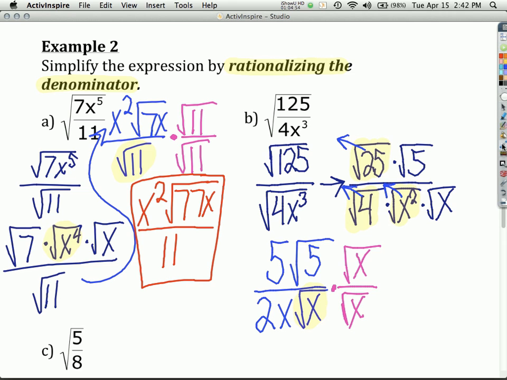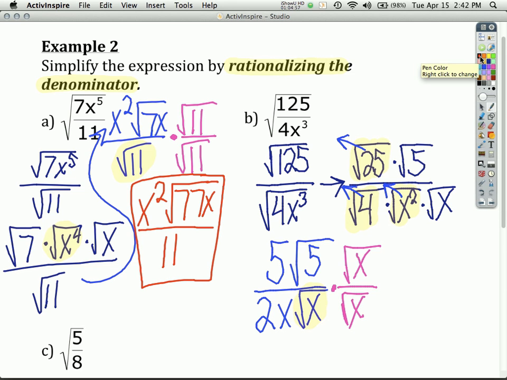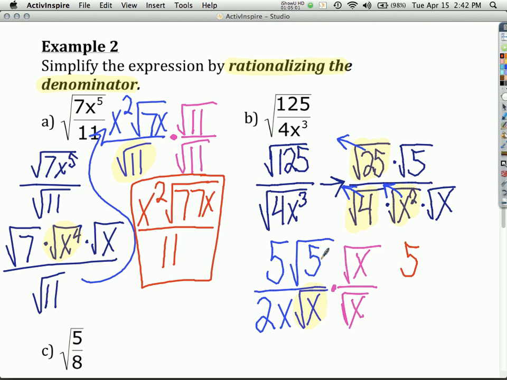Work this way. 5 is going to stay. Radical 5 and radical x will be radical 5x. Now I'm going to have a radical x times a radical x. What will that turn into? Edgar?